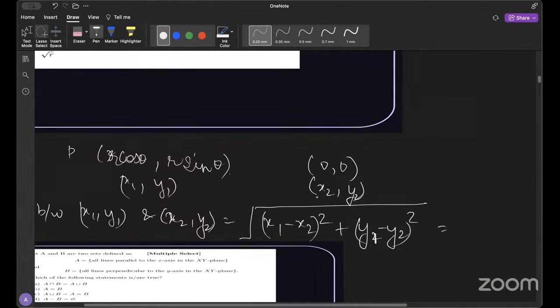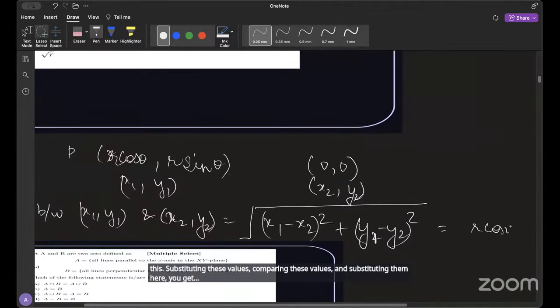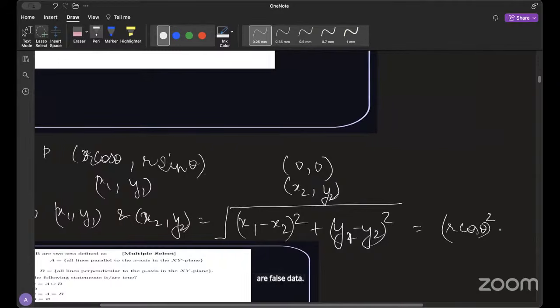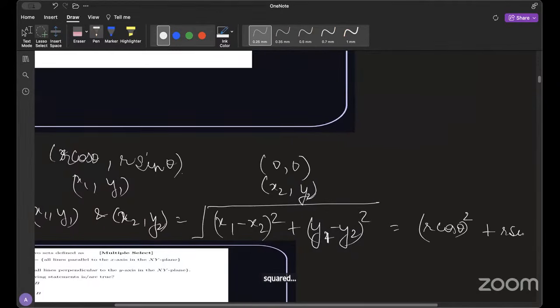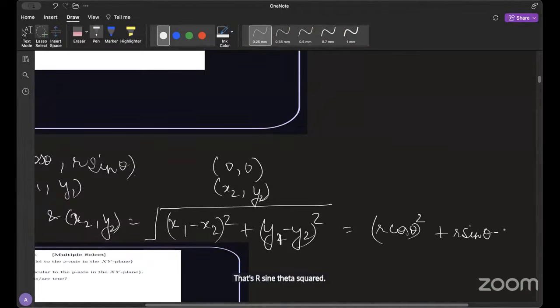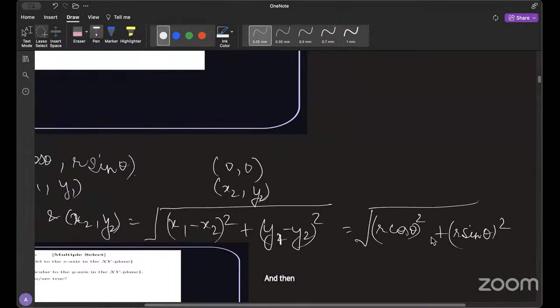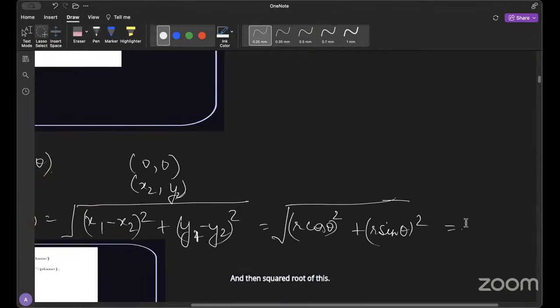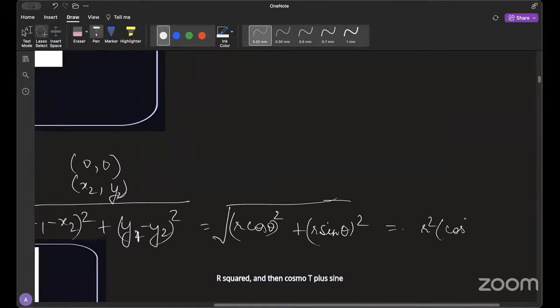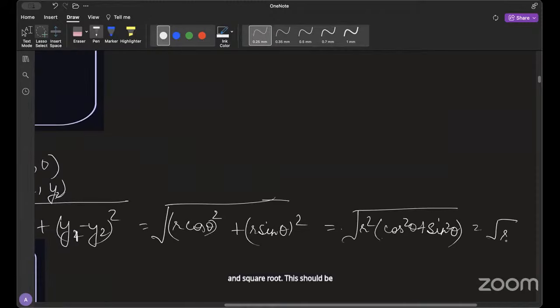So substituting these values, you get r cos theta squared plus r sin theta minus 0 squared. So it's r sin theta only, we don't need to write 0. And then square root of this. And this should be r squared times cos square theta plus sin square theta. And square root, this should be just r squared.